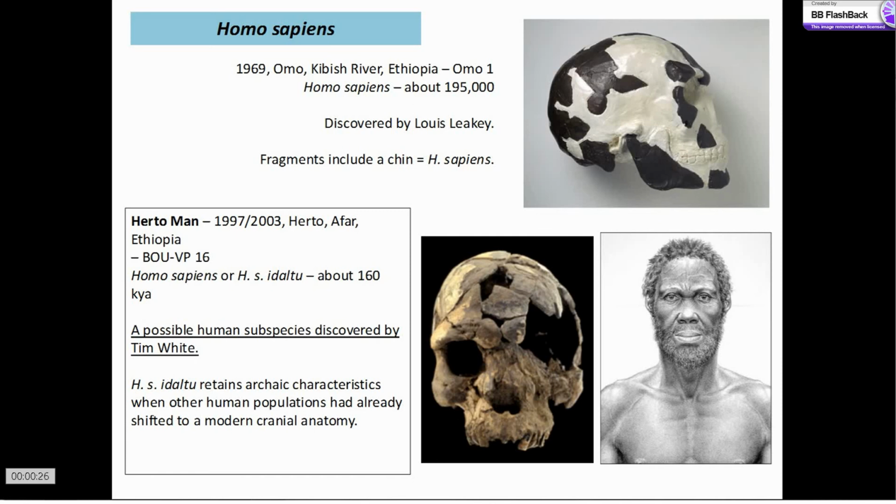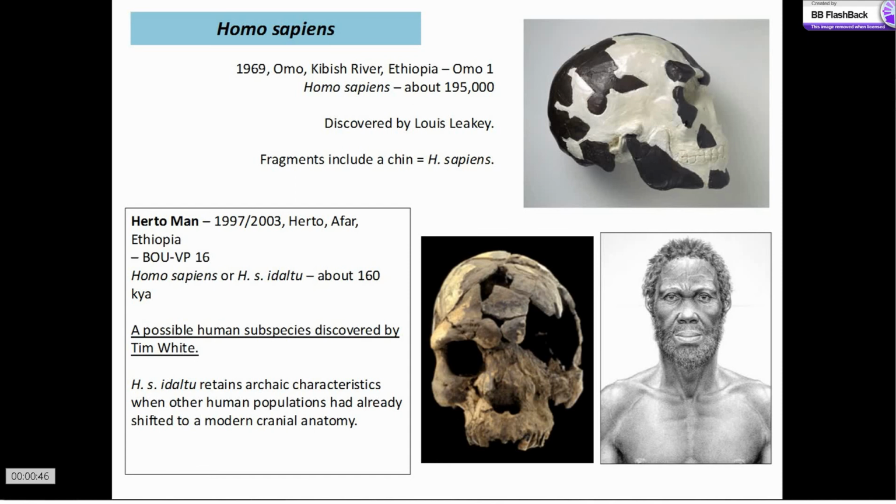He was discovered by Tim White. Possible subspecies of sapiens. He calls it Homo sapiens idaltu. 160,000 years old. Tim White's idea is that this was a separate population of Homo sapiens that drifted apart from the line that led to us.